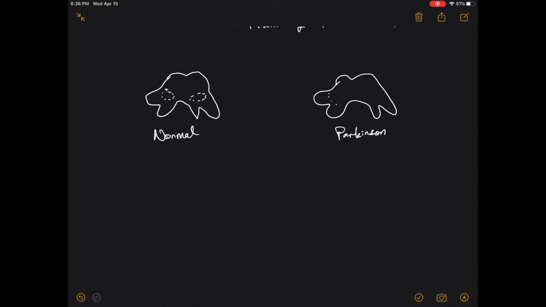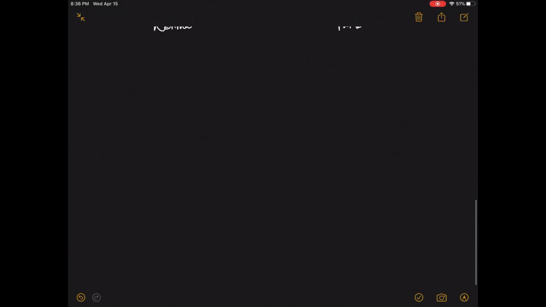So we're going to talk about one of the most important parts, which is clinical presentation. I'm going to give you a really good acronym that you can use to remember what you should look for in individuals who live with Parkinson's disease. It's called TRAP.